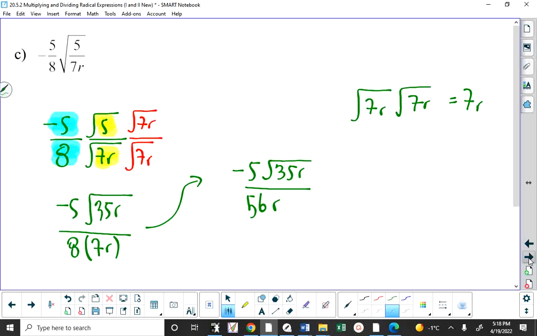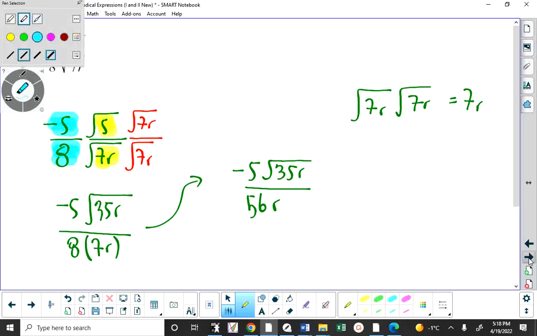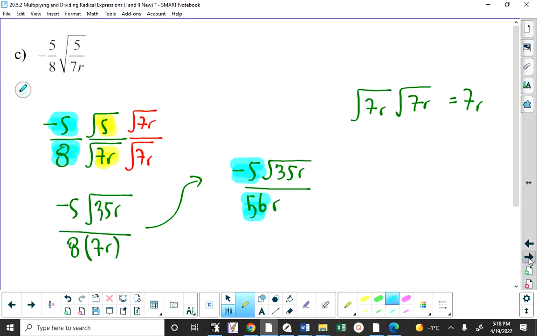Now let's do a check of some things. Can we divide this coefficient by this coefficient? Well, we can, but it doesn't simplify, so we're not going to. If we do the division, we'll get decimals, and we don't want that. Is root 35 something that can be simplified?